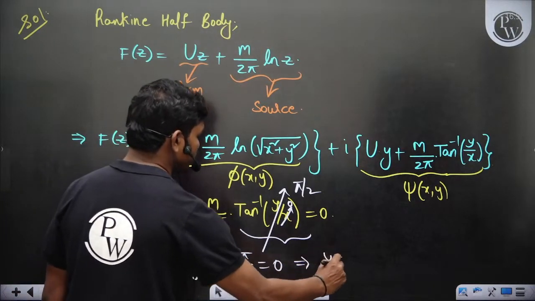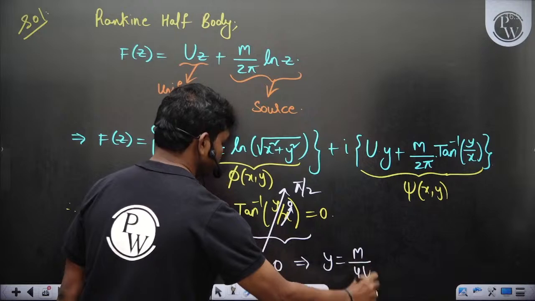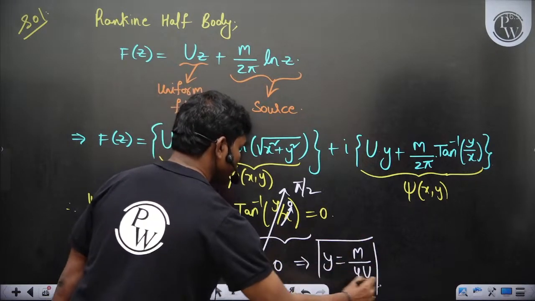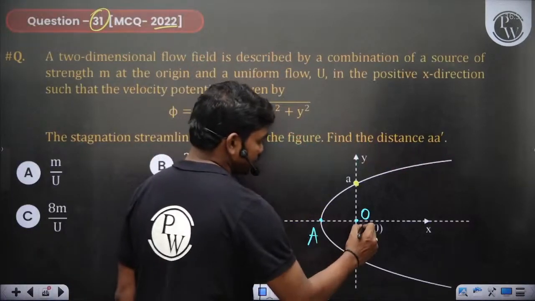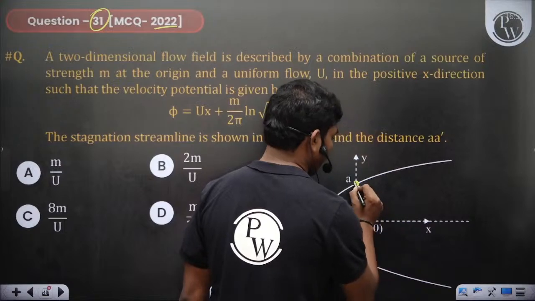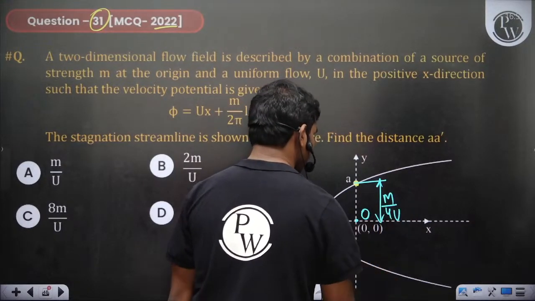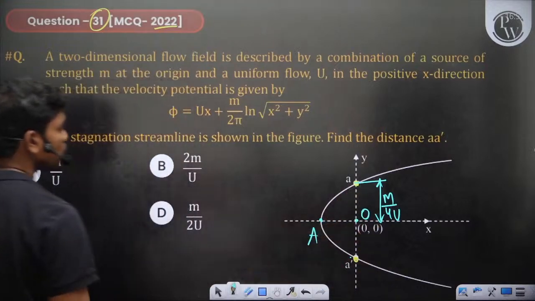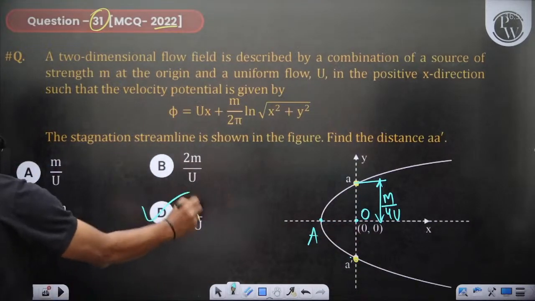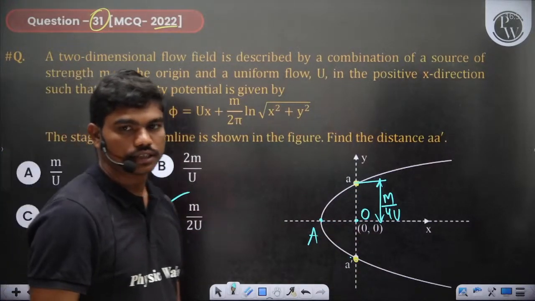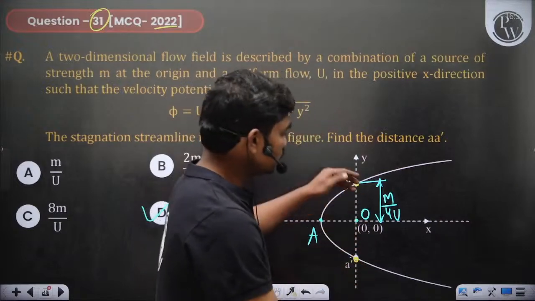So this y coordinate is m by 4u, which means this height is m by 4u. So a dash is total, double of this, m by 2u. Okay, so that's the correct answer. And you see this is m by 2u.